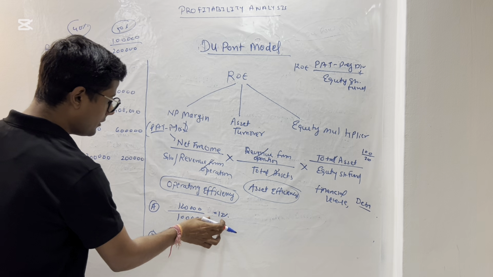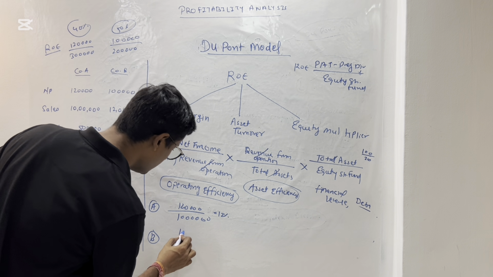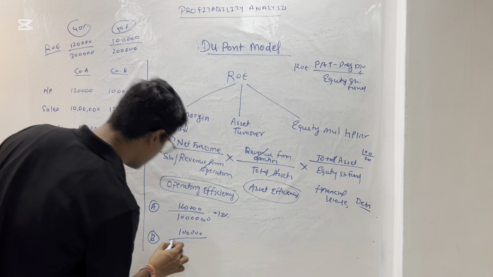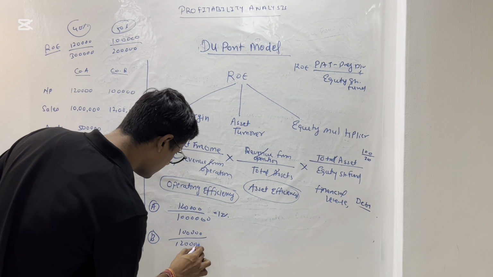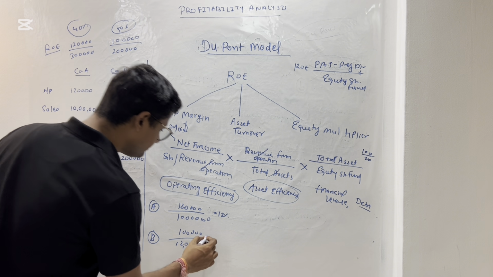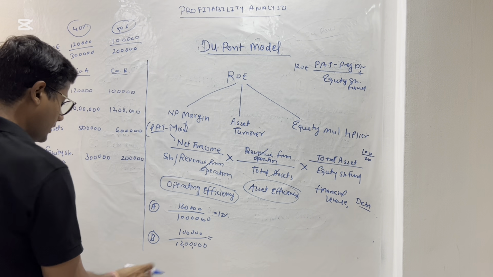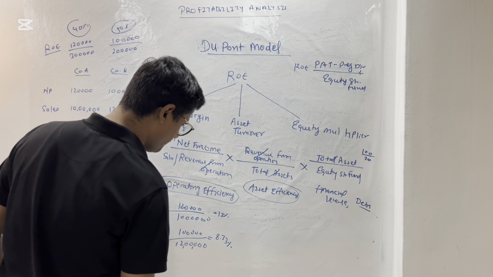The company's net profit margin is 12%. For company B, net profit is 100,000 and its sales is 1.2 million, like 12 lakhs. Here its net profit margin is approximately 8.33%.